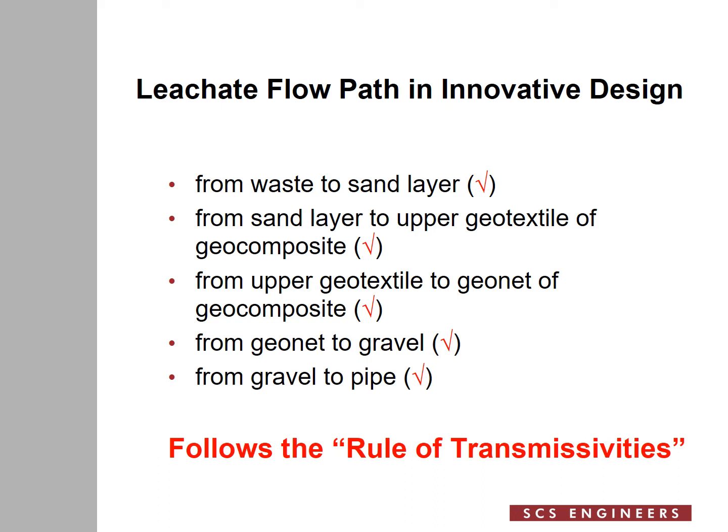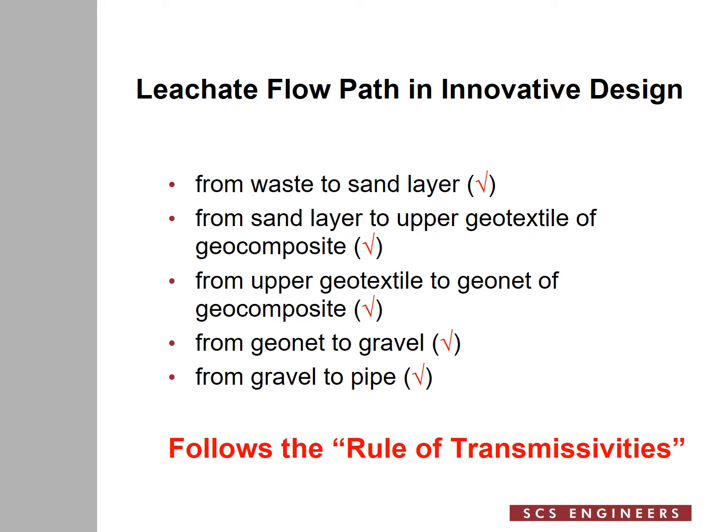Then leachate flows from the geonet to gravel, as I presented to you on the detail. Gravel has a higher transmissivity than geonet. A check mark, meets the rule of transmissivities. Then the last step, leachate flows from gravel to pipe. Pipe has a higher transmissivity than gravel. Check mark, meets the rule of transmissivity.